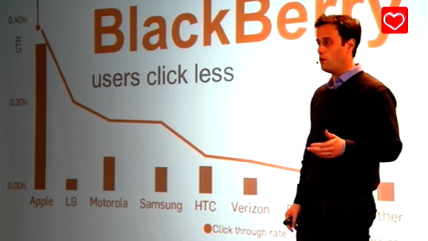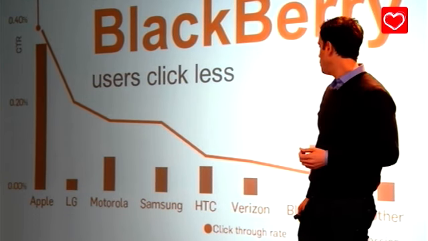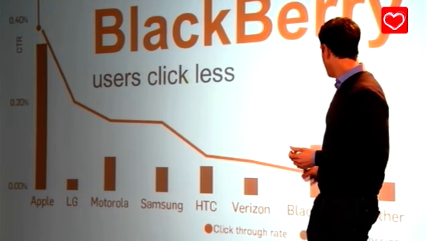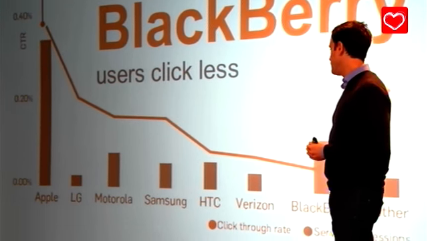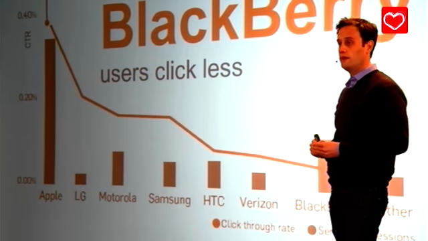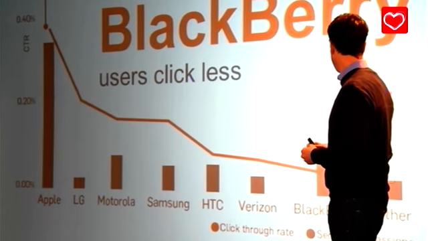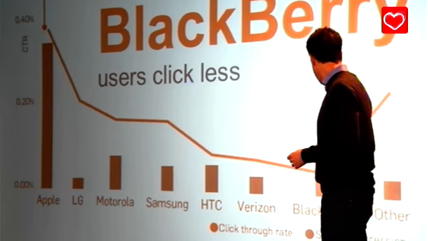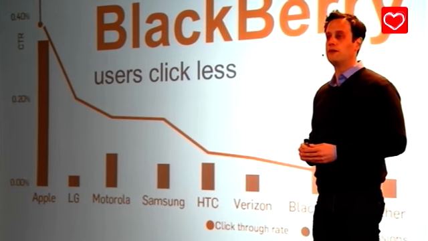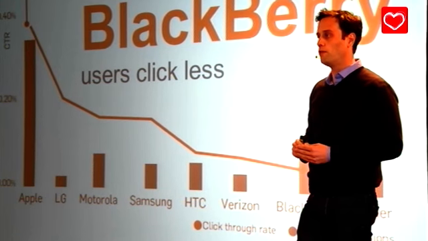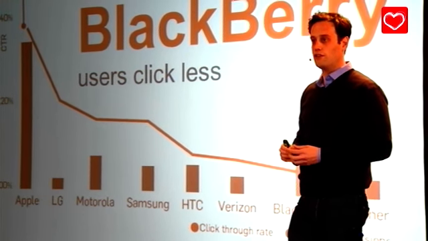But when we look at response for BlackBerry, the number of clicks that are being made on BlackBerry ads, we see that that's very, very low, pretty similar to what we see on PC. So BlackBerry advertising has relatively high reach when we look at the number of impressions, not as high as the iPhone, but relatively high reach. So people do view them, but they just don't click on them.